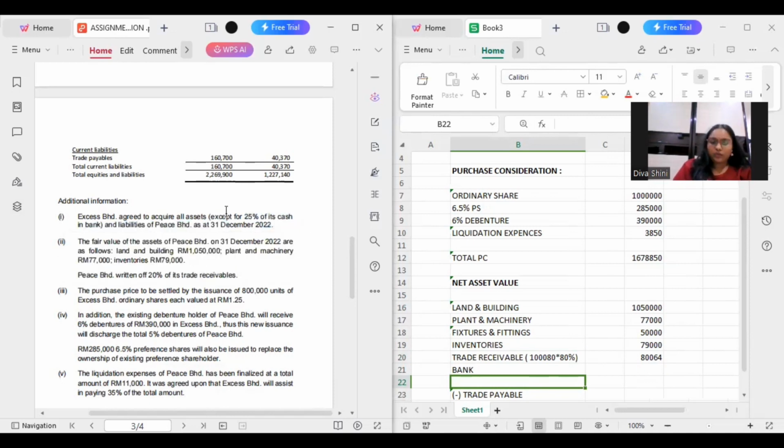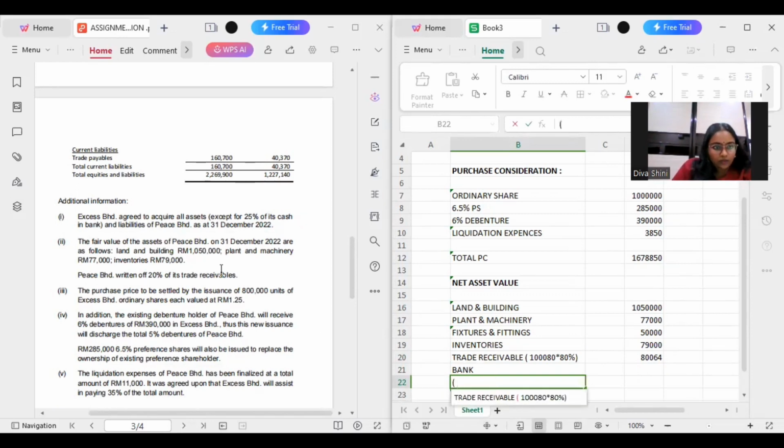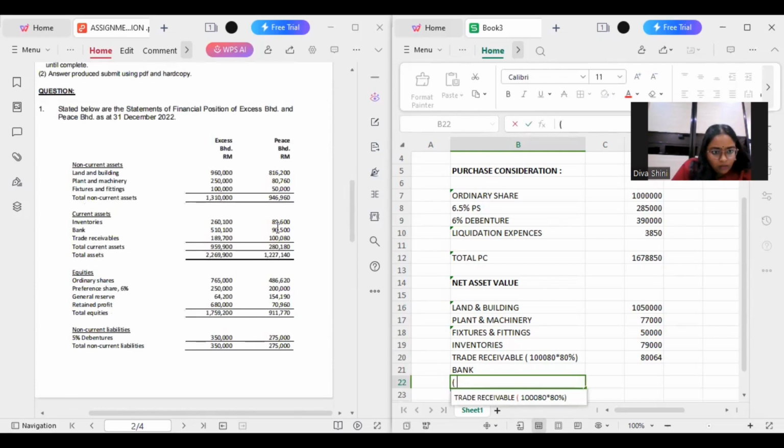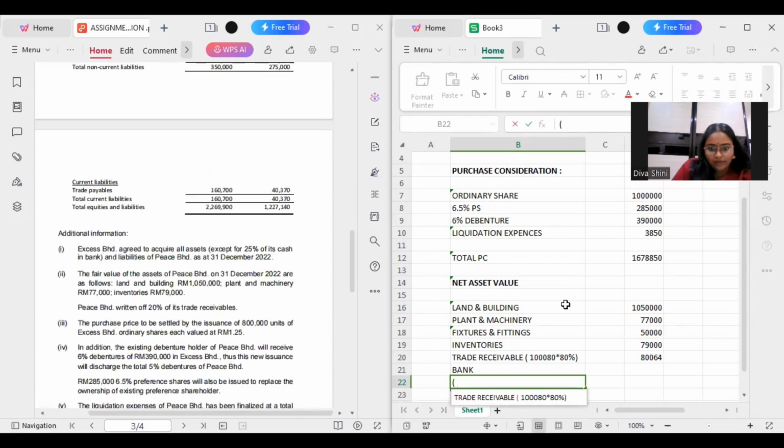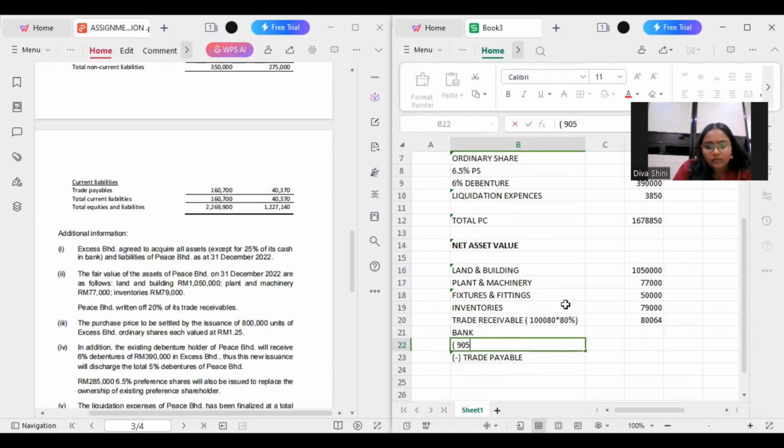So they didn't take the 25%, so we need to calculate the balance, which is 100 minus 25. The bank amount we take from Peace, 9,500 times 75%, and the answer will be 67,876.